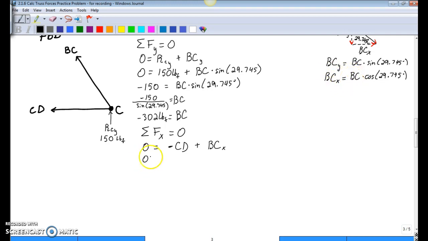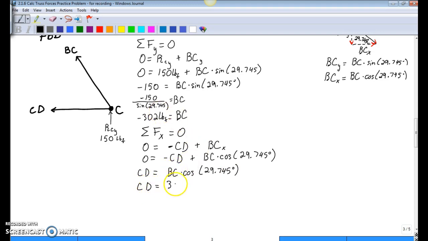And that's going to help us out a lot because we can say negative CD plus BC times cosine of 29.745 degrees equals 0. And then we move CD is equal to BC cosine 29.745 degrees, and then we solve that by subbing in the BC from here, 302.